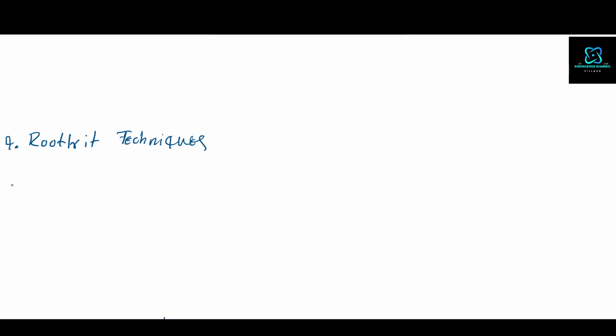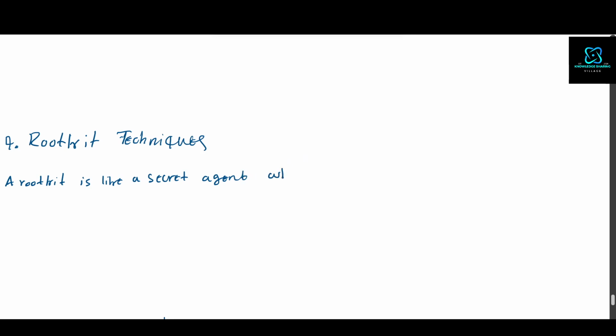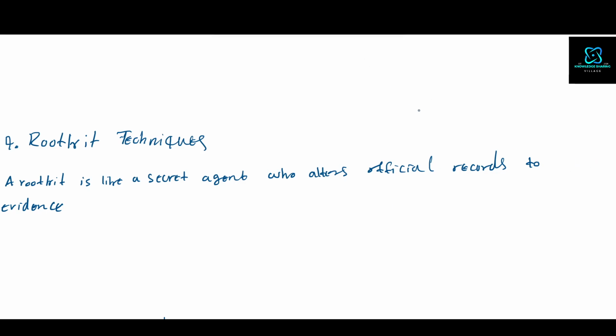But the analogy we can use here is, a rootkit is like a secret agent who alters official records to erase evidence of their presence.